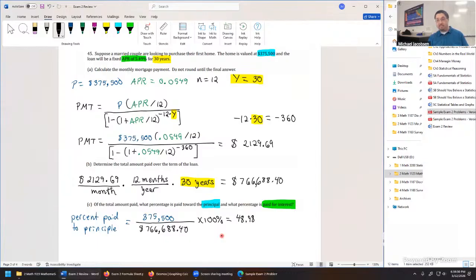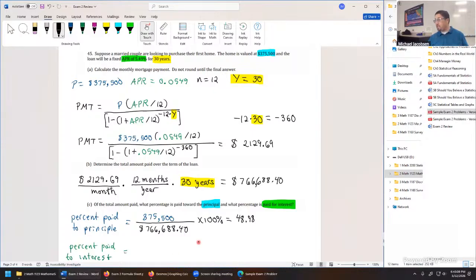Which means more than half of this money over the course of 30 years monthly, more than half of that in sum total went to nothing but interest. And even though the interest rate seemed kind of low, the principal's high, the term is really, really long. And so this is what finalizes the last step on this one. Percent paid to interest. We can do a similar equation like we did right here, but that would take a little more steps altogether.